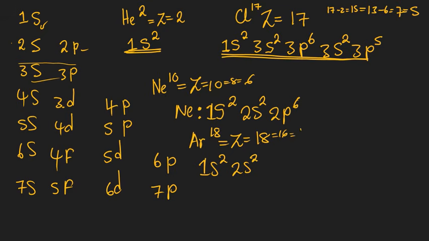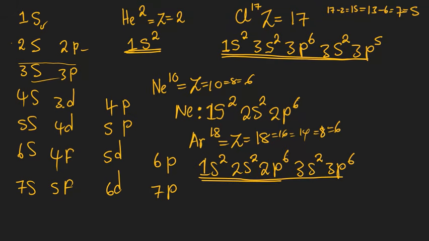Then we're going to remain with 14. Then here we have 2p. The p orbitals hold 6. So 14 minus 6, we remain with 8. Then we go in the third row, which is going to be 3s. 3s holds 2, we remain with 6. 3p holds 6, so we remain with a 6 there. This is the electronic configuration of argon.